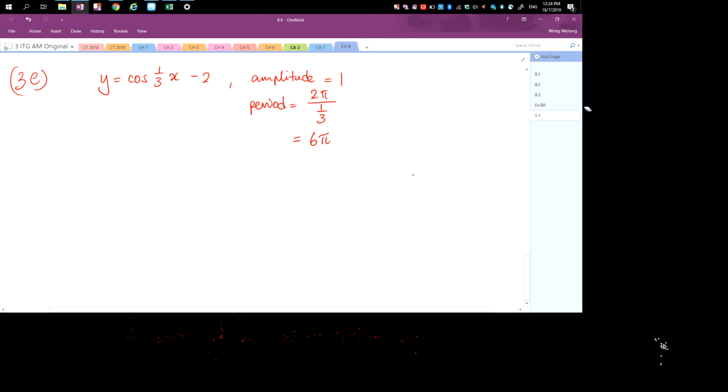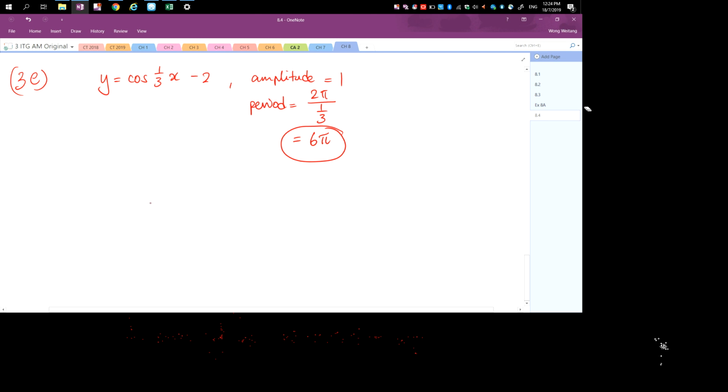So they want me to draw from the range of only 0 to 2 pi. But one period is 6 pi. So within the range of x 0 to 2 pi, will I get a complete cycle? No, I won't. How much of a cycle will I actually get? I get only 1/3 of a cycle. Okay? So keeping in mind the amplitude is 1.